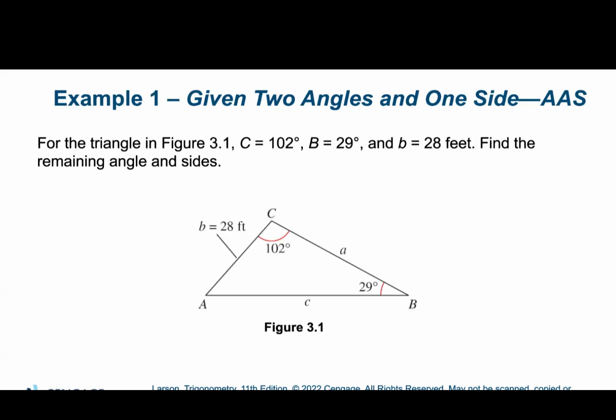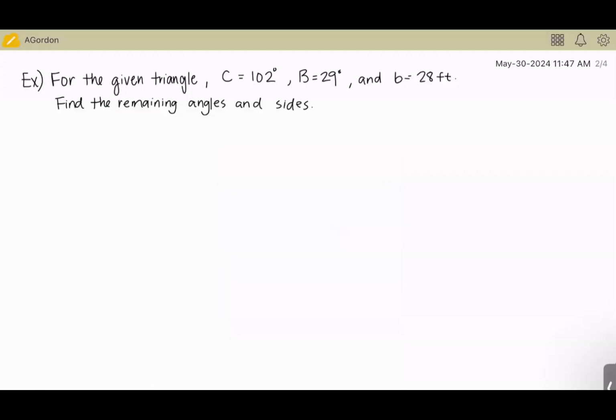So jumping right in with an example, here we are given the measure of two angles and the length of one side. And it is all drawn here for us in a diagram. So to solve this triangle, we need to find the two missing sides and the one missing angle. So first thing I'm going to do here is find the missing angle.